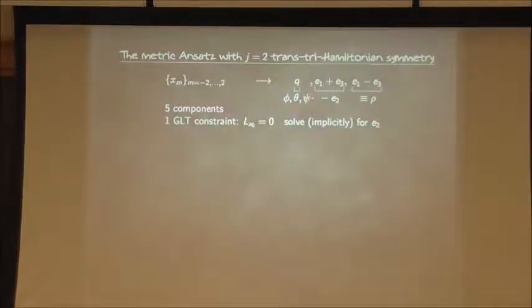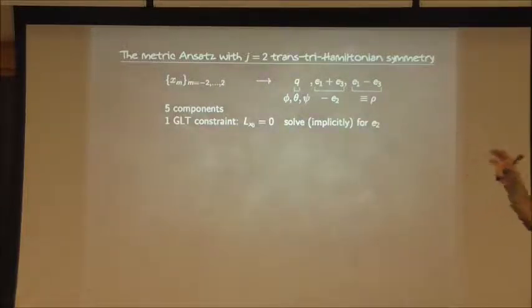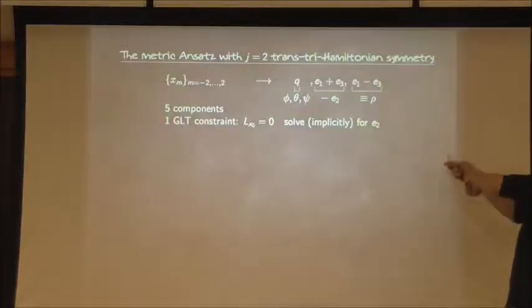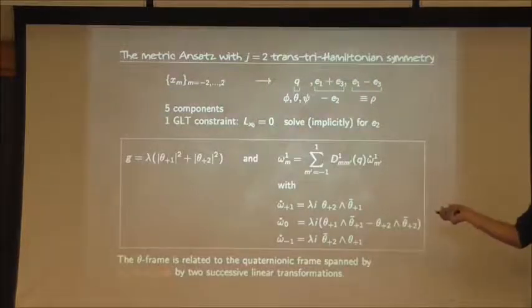So 1, 2, 3, 4, 5 of them. Now I solve for one of them implicitly, and it's a tremendous computation. So you take the metric and symplectic structure formulas that I have previously expressed in spherical coordinates, you put them on a computer, and it throws you this again.